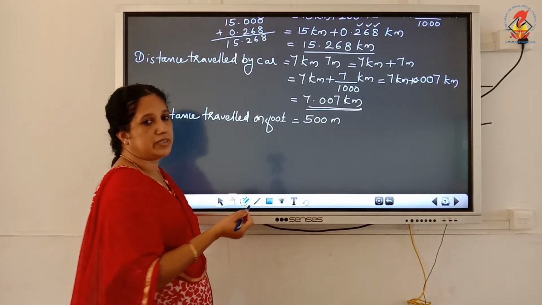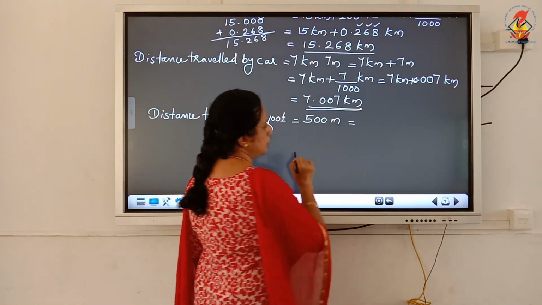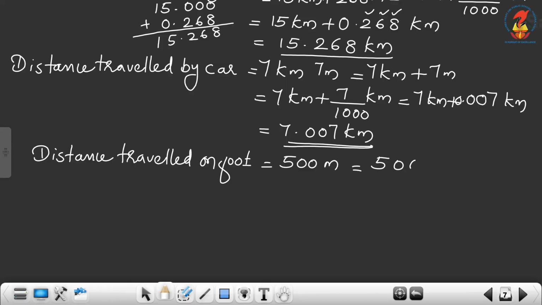So this 500 meters we have to convert into kilometer. So what we have to do? We have to divide by 1000. So 500 divided by 1000, then it will be in kilometer.